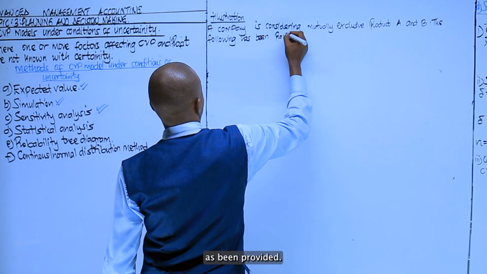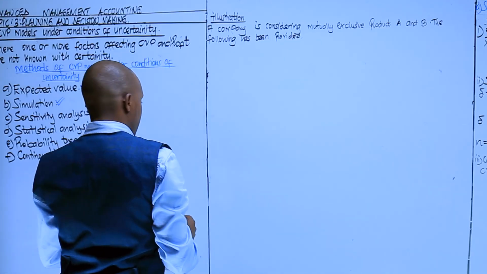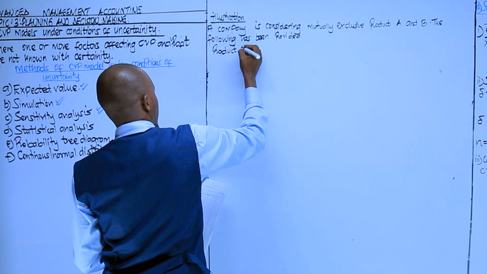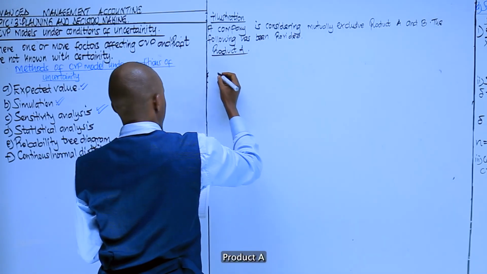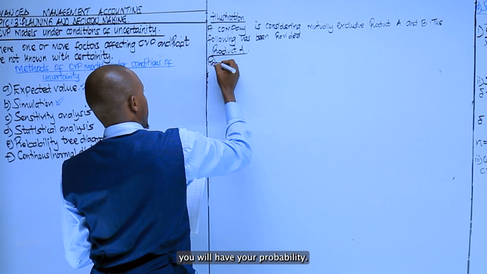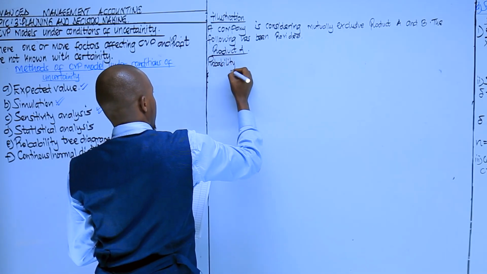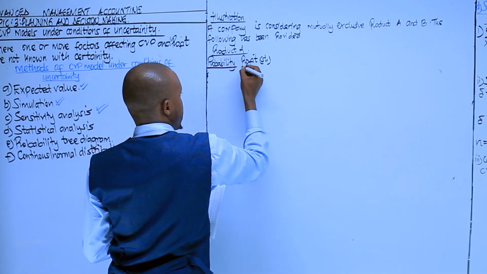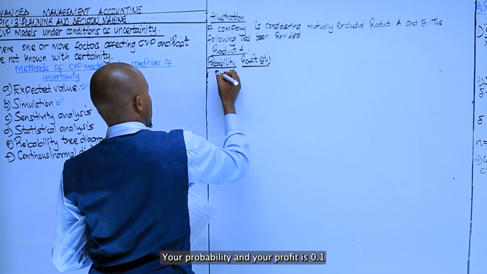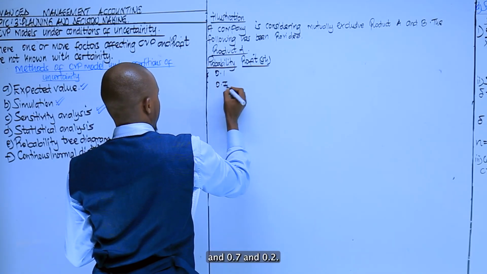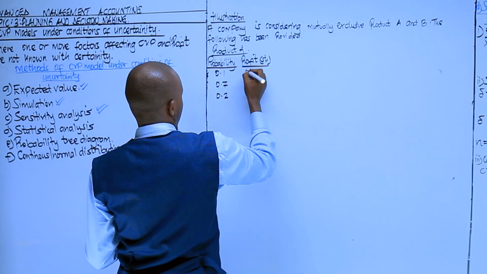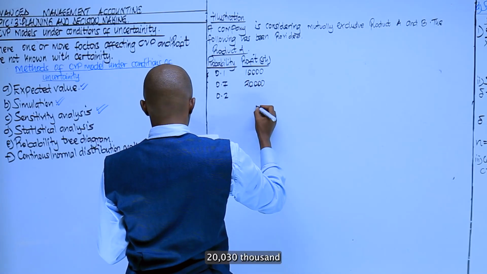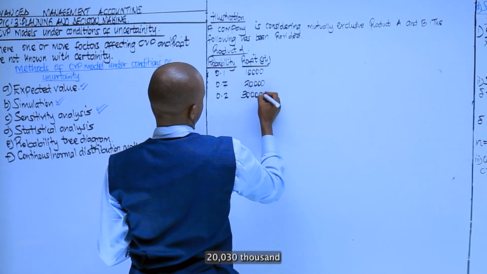We can start with product A. You'll have your probability and your profit in shillings: probabilities 0.1, 0.7 and 0.2, and profits 10,000, 20,000 and 30,000.